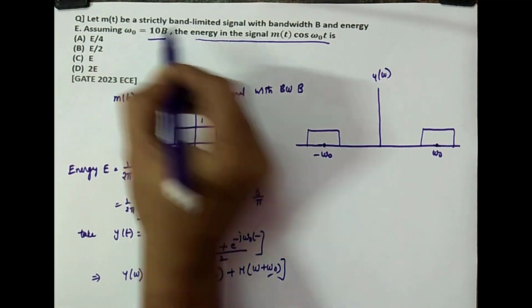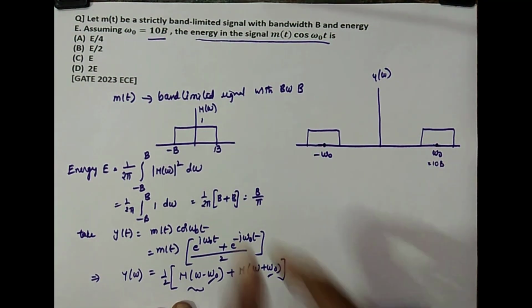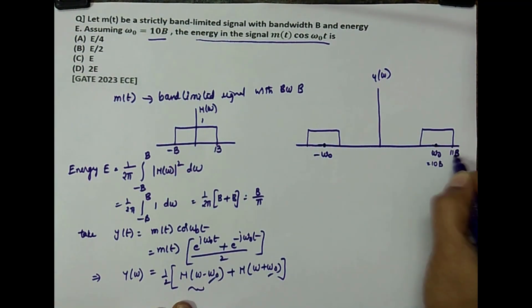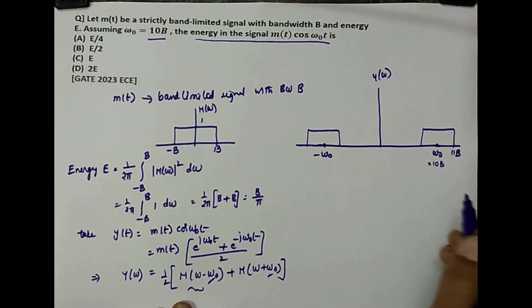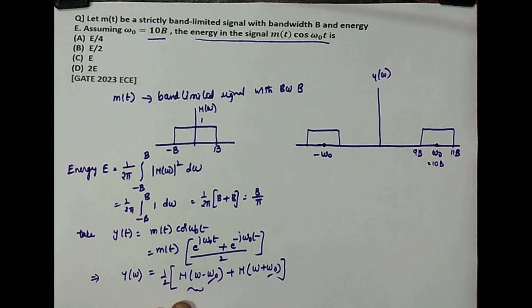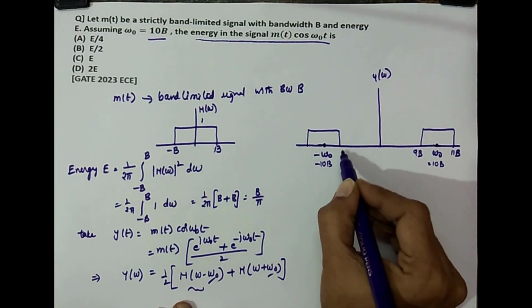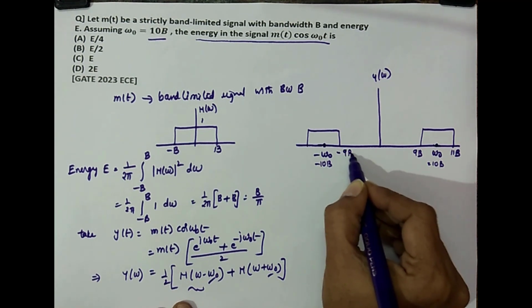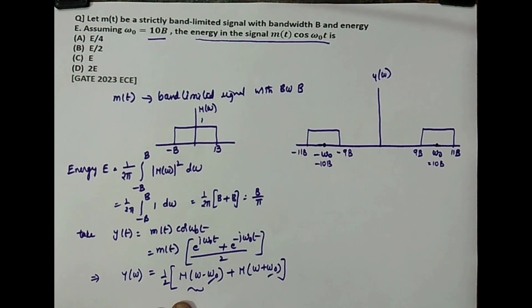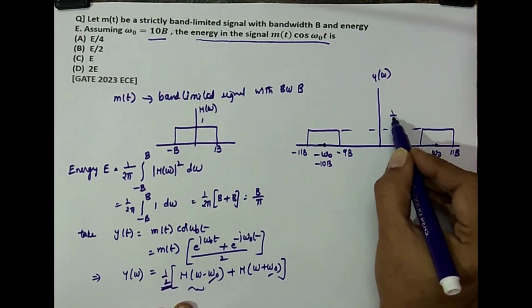Given omega naught equal to 10b, as this width is 1b, this becomes 11b and this becomes 9b. And here it is minus 10b, so it becomes minus 9b, and this becomes minus 11b. And what is the amplitude? The amplitude is 1 by 2.